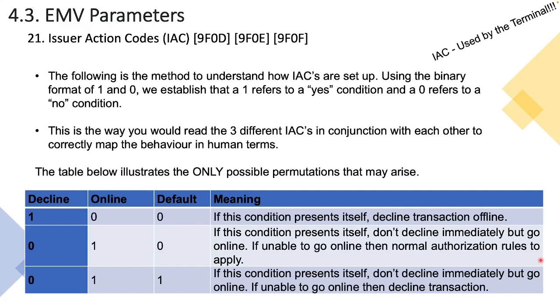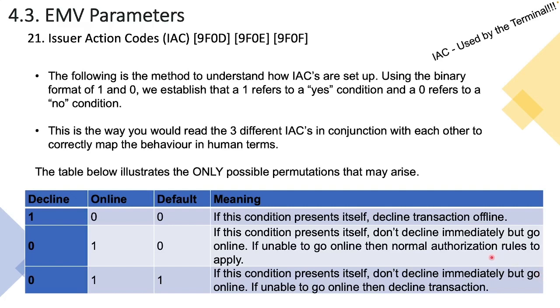Remember, on the previous slide we said there's an IAC denial, IAC online, and IAC default, right? And the 3 IAC values are read simultaneously, so it makes it easy for a human being to understand when they are trying to set up the configuration of these IACs.